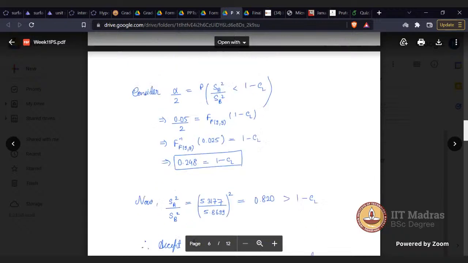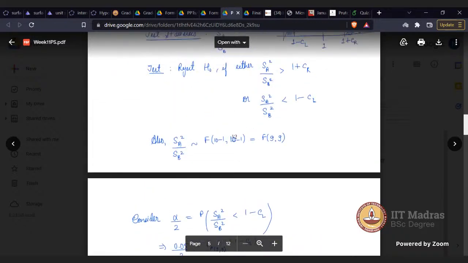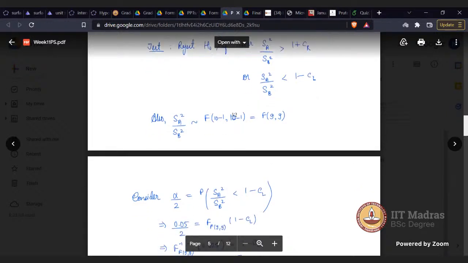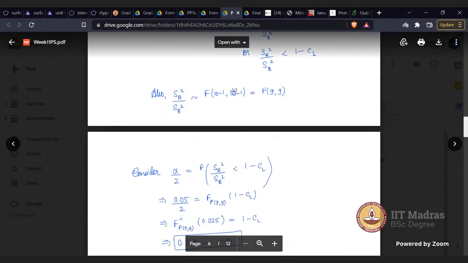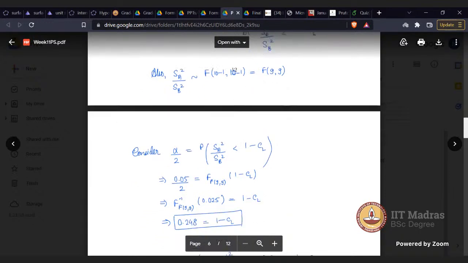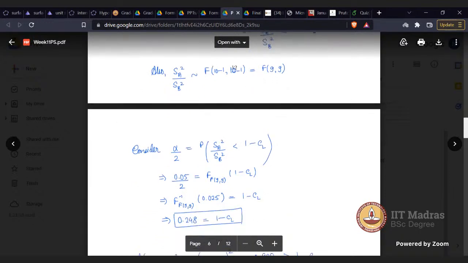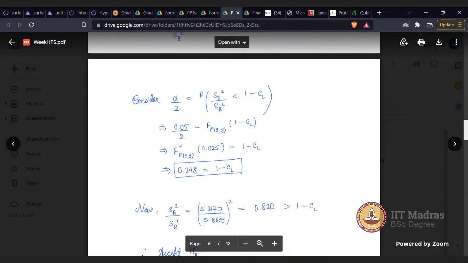Now, if you go for 1 plus CR, the test is that alpha by 2 is the probability that SA square upon SP square is greater than 1 plus CR. In that case, you reject your H naught. Again, the same thing will happen: it will be 1 minus F9,9 of 1 plus CR, and you find the value of 1 plus CR.